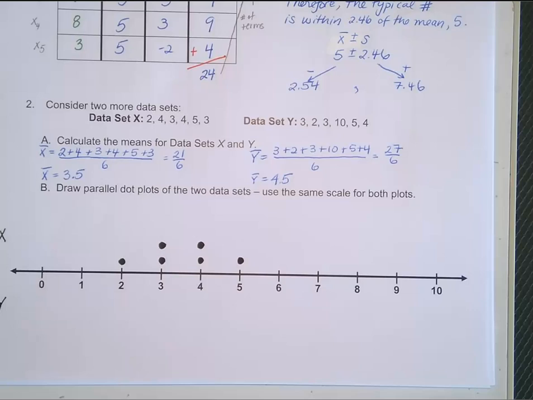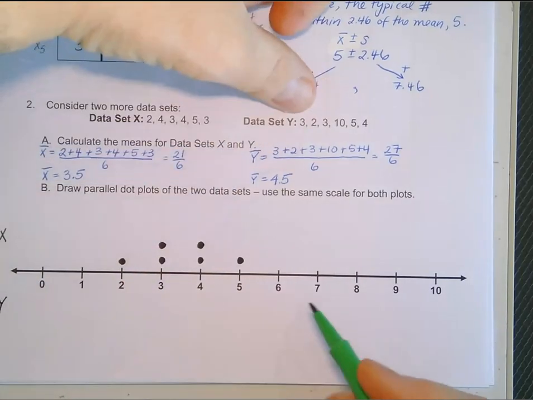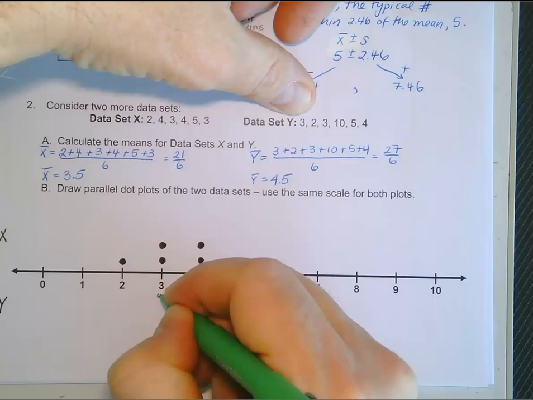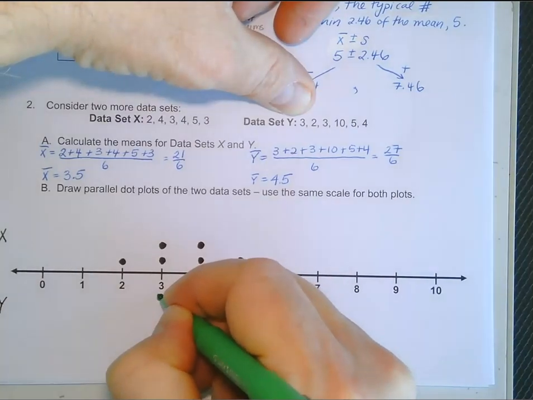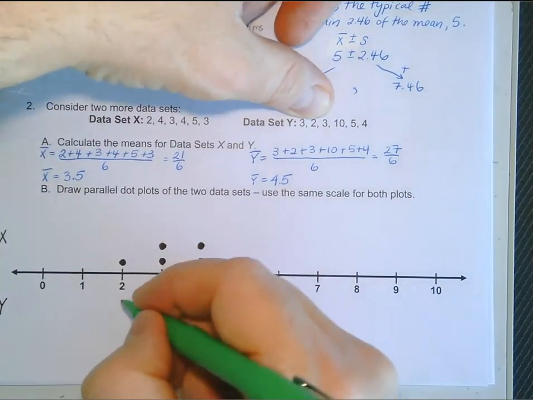Now, what I would like to do is, oh, I need to put the other one on, don't I? So the other one is 3. So I'll put a dot here at 3. And then 2.